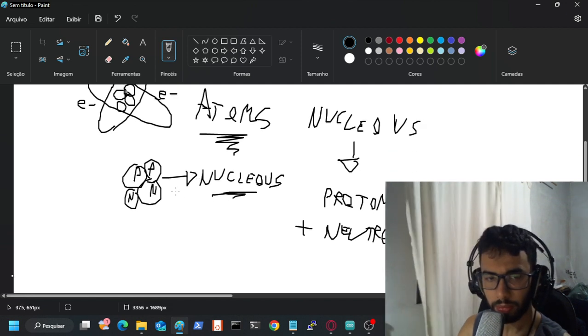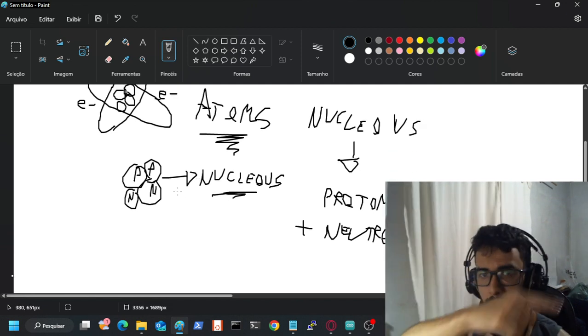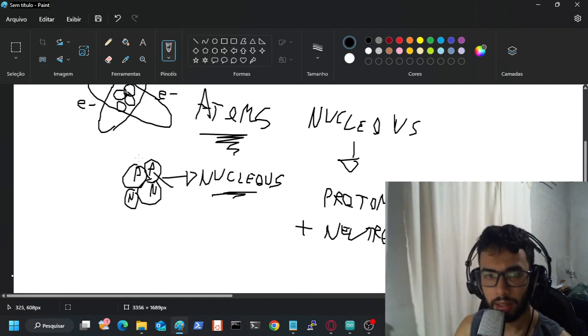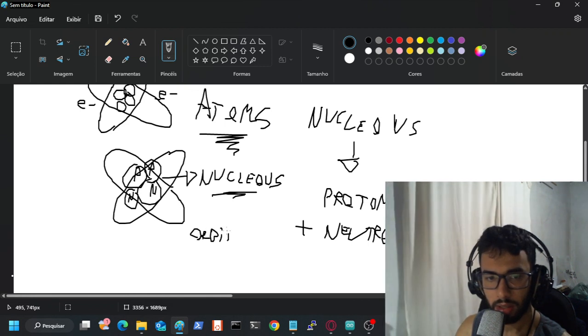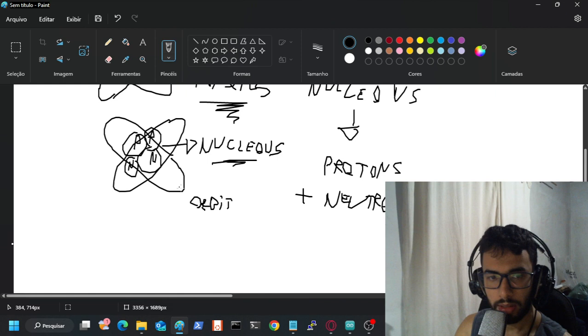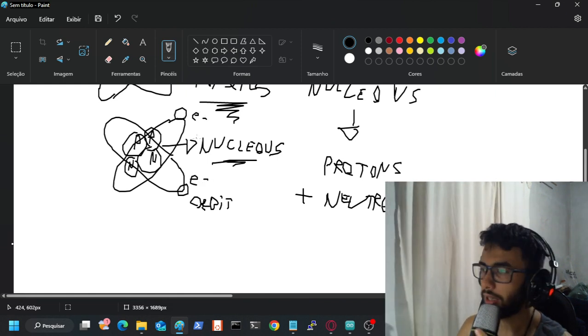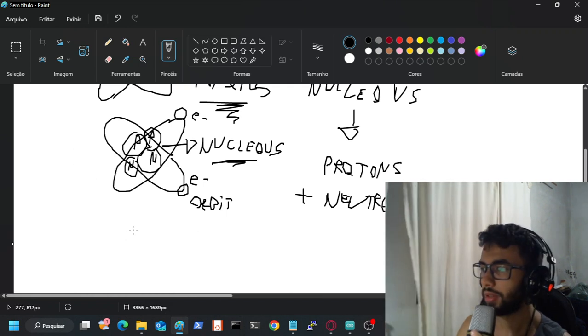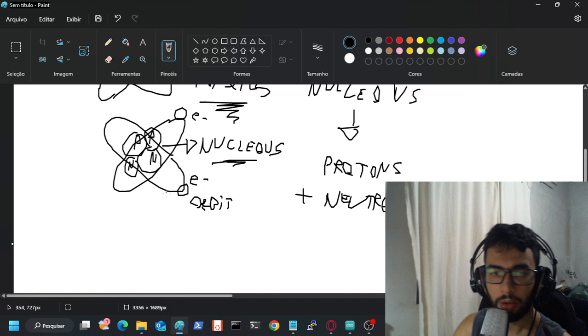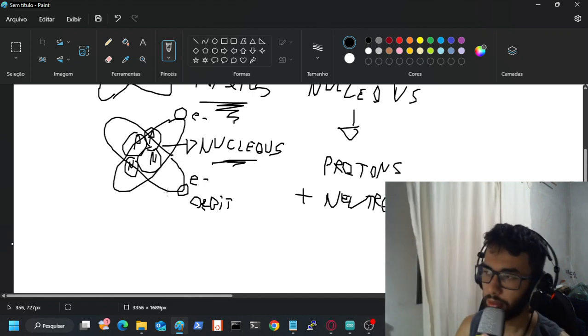And around this we have an orbit that is composed of electrons. So an electron is a particle that orbits the nucleus of an atom.